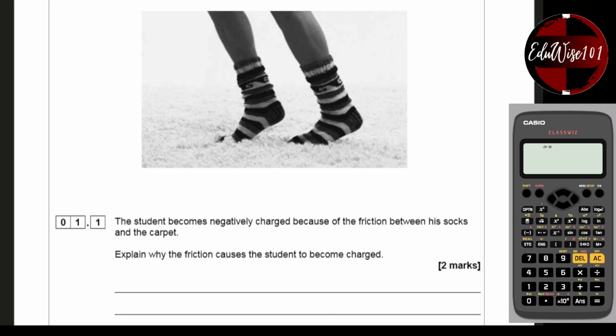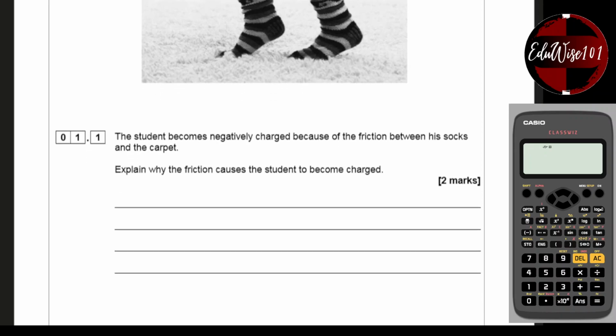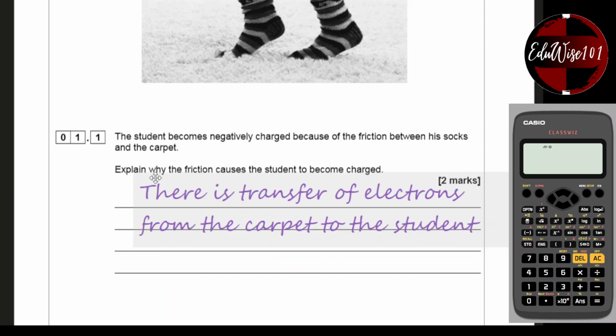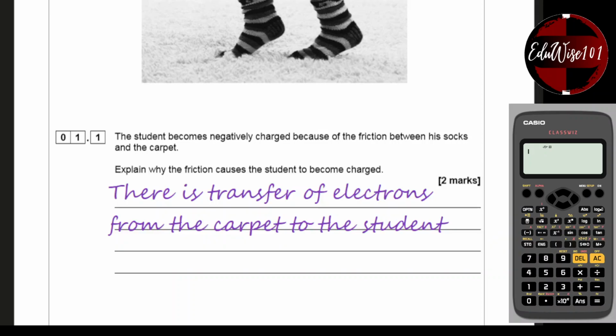Now, they are saying, explain why the friction causes the student to become charged. They're not saying whether it's positive. The student becomes negatively charged. Okay, so electrons from the carpet are moving onto the student, hence the student is negatively charged. So you would say there is transfer of electrons from the carpet to the student.